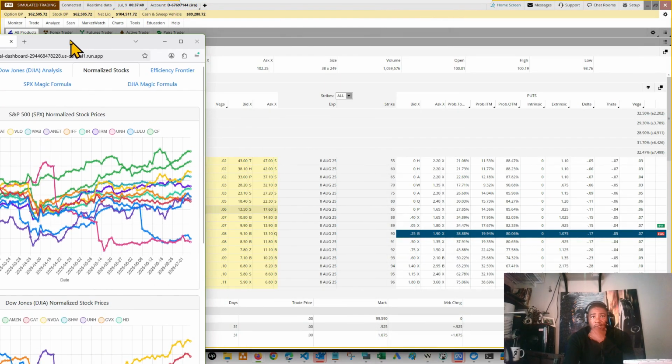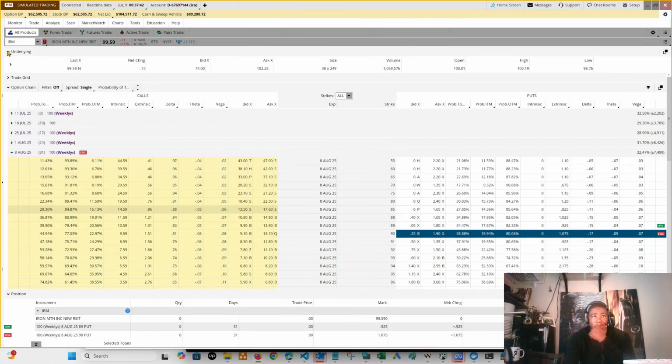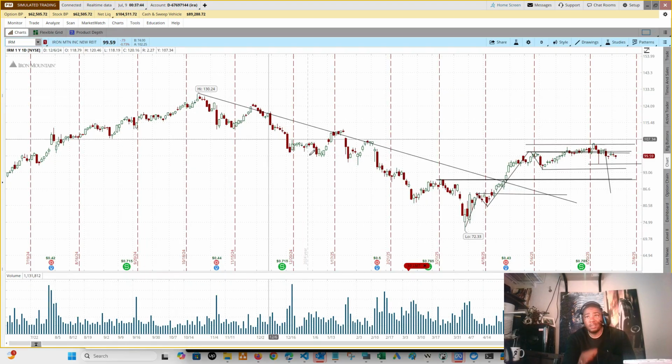So I took that, came here, looked at the chart, and you see it was in a downtrend. It broke above the downtrend, and it's making higher highs and higher lows, which is what a bullish stock does. It breaks out of a downtrend and reverses into an uptrend.